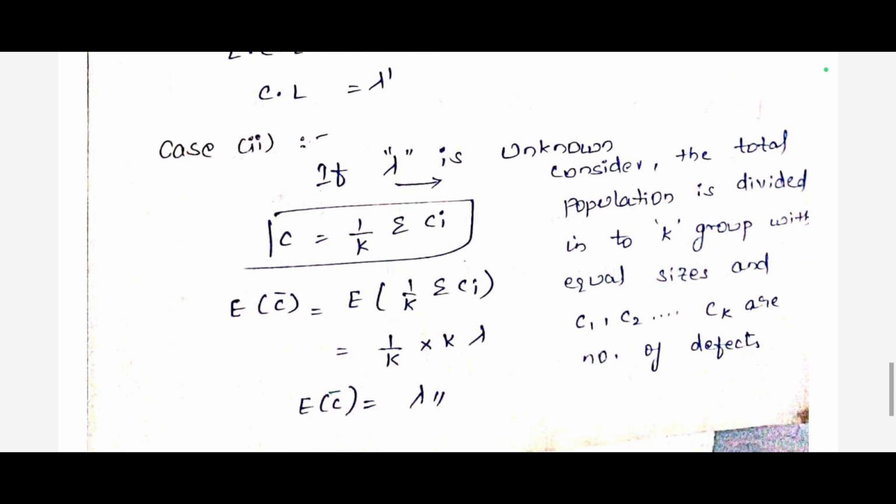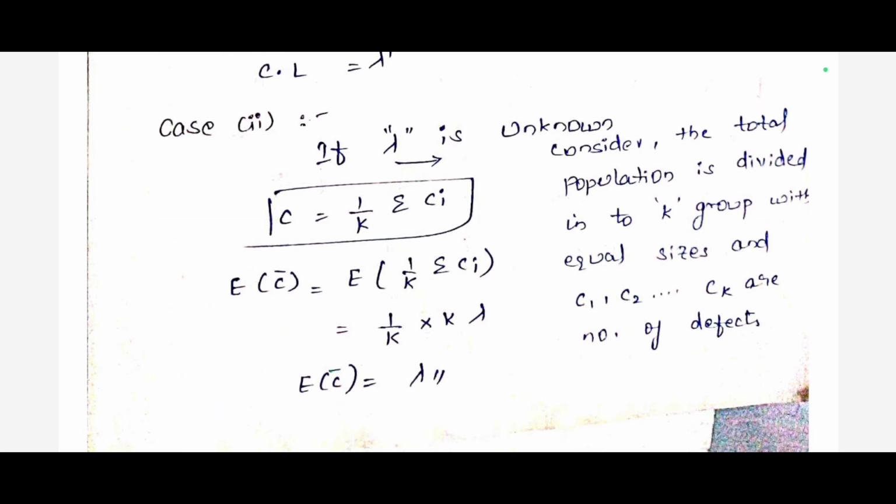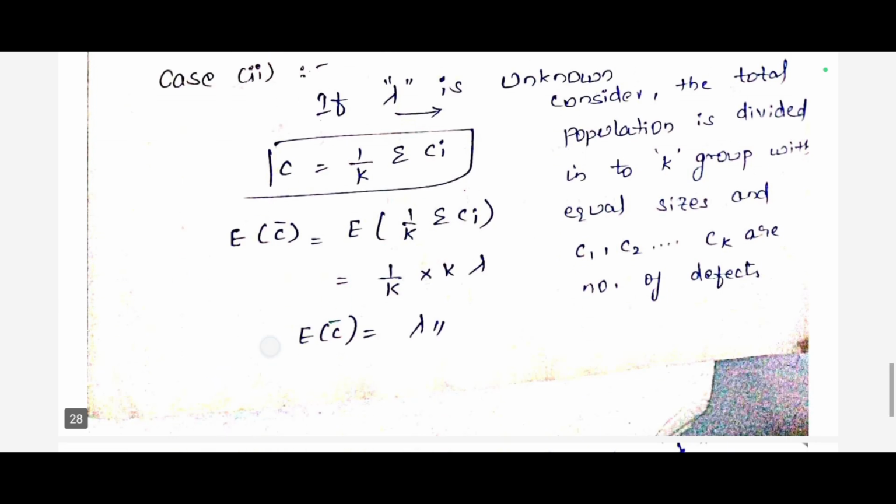In case 2, if lambda is unknown, then consider that the total population is divided into k groups with equal sizes, and C1, C2, ..., Ck are the number of defects. So k gets cancelled, and the expected value of Ci will be lambda. So C bar is an unbiased estimator of lambda.